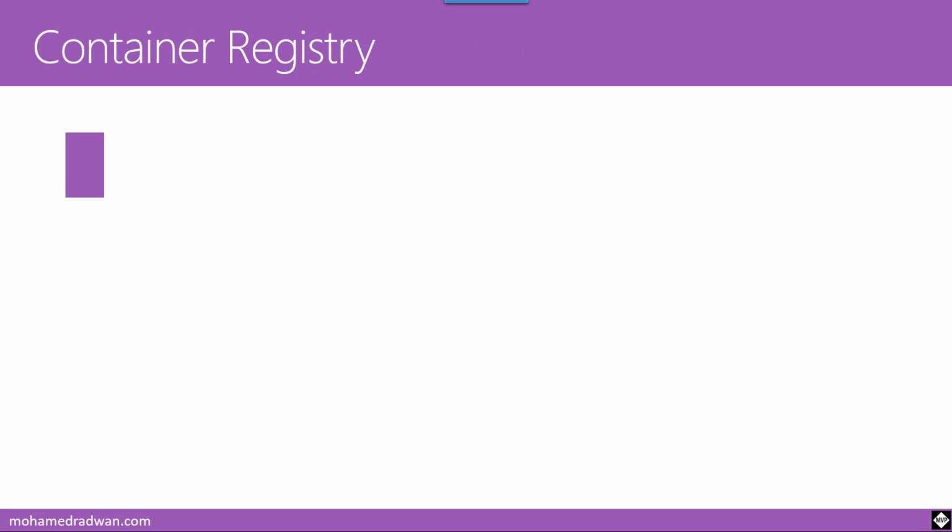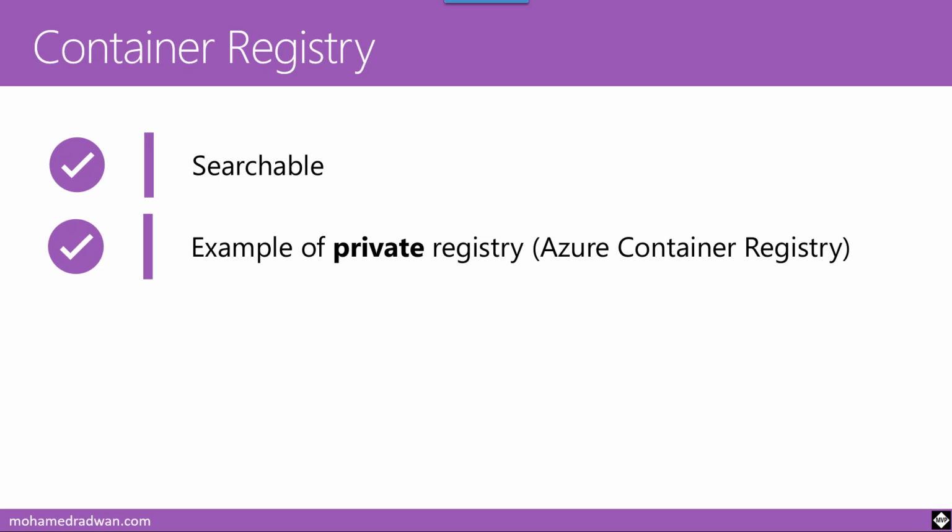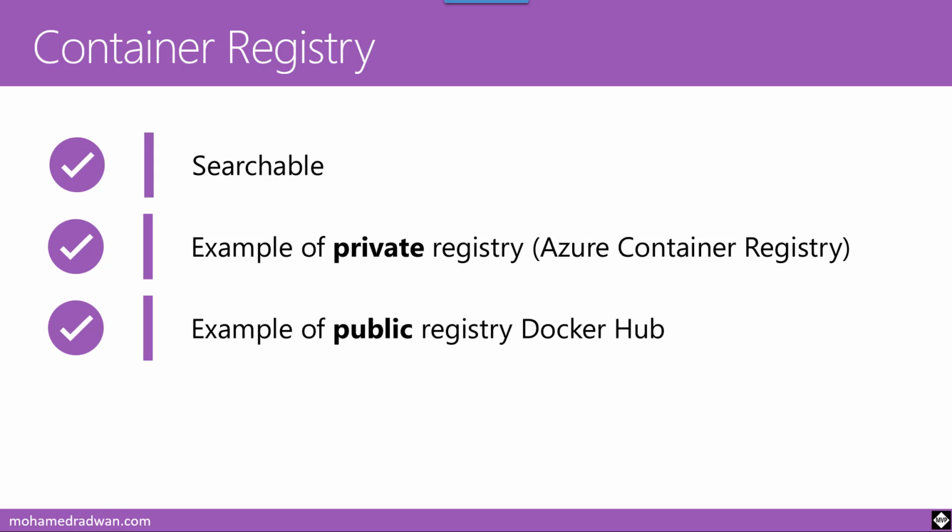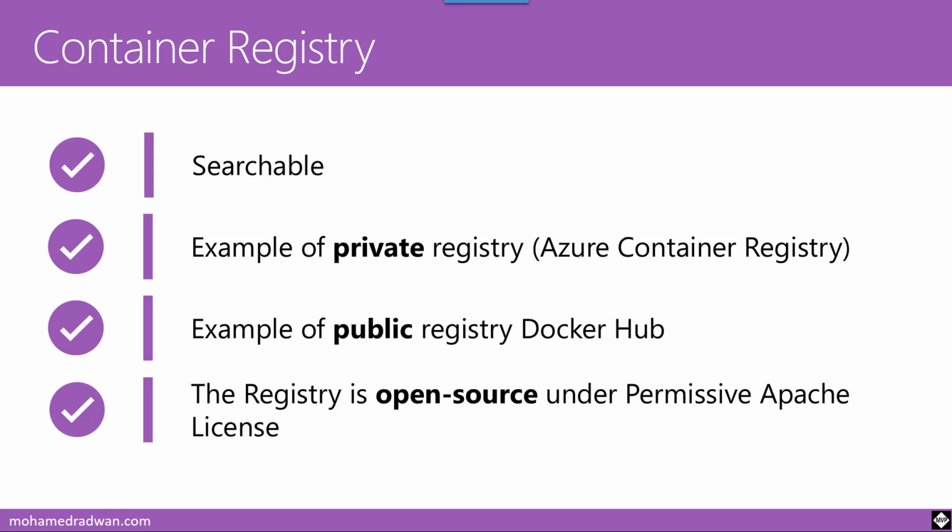So what are the features or capabilities of a container registry? First, it's searchable. I can go to the container registry and search for the desired image that I want. An example of a private registry is Azure Container Registry. An example of a public registry is Docker Hub. The registry is open source, under the Apache license on GitHub.